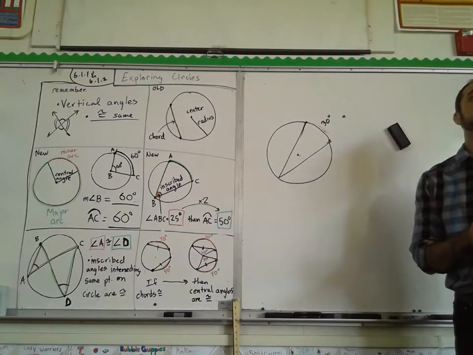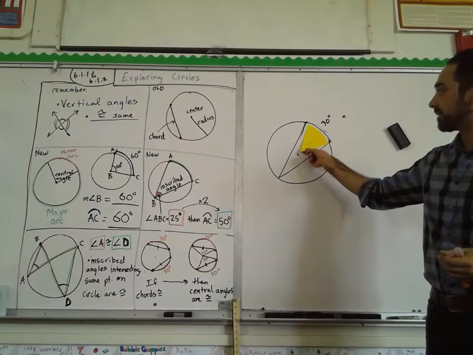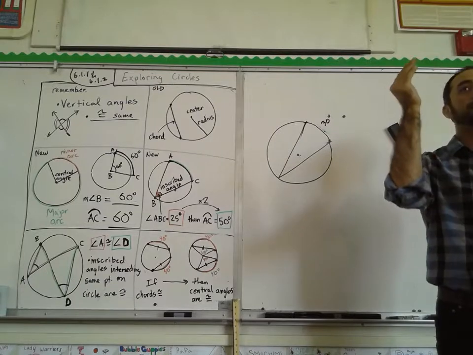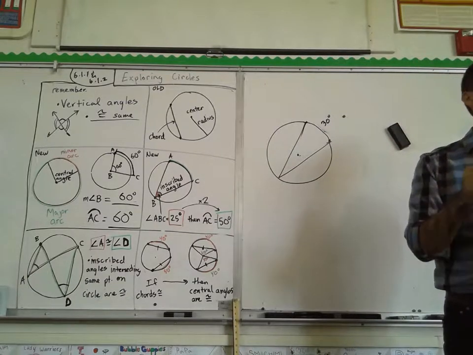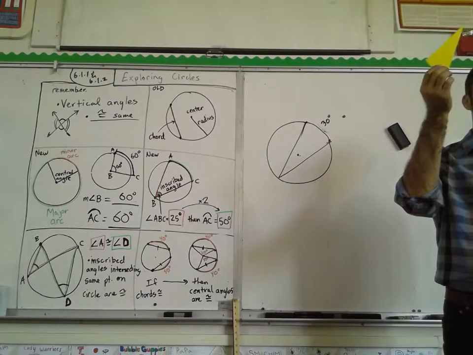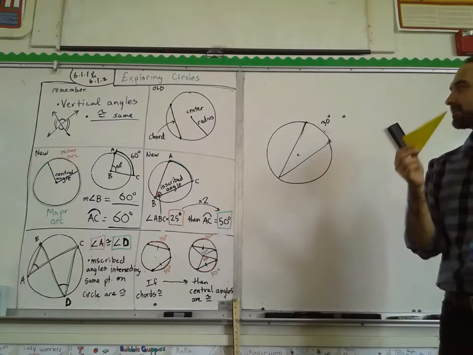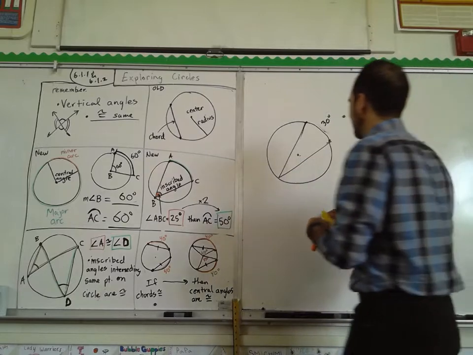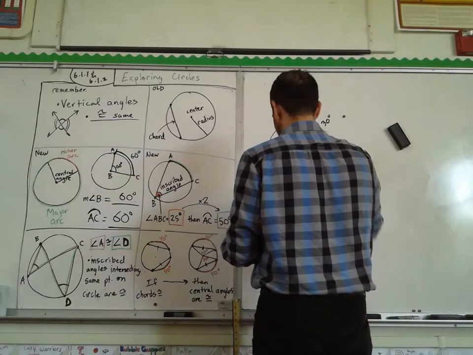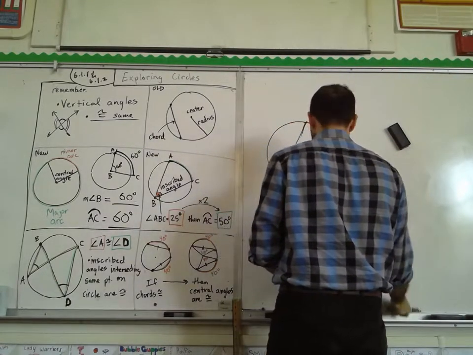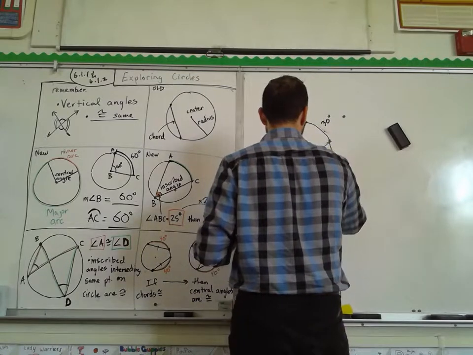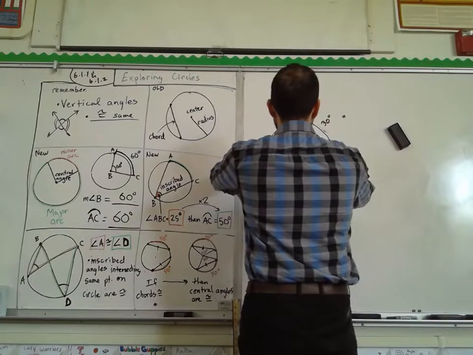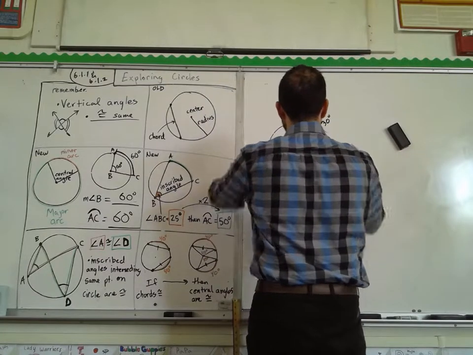Watch what's going to happen. I'm going to take this piece of the pie, which fit right here, right? Watch what I'm going to do. What am I doing? Fold it in half, right? What do you think is going to happen with this fold in half? What do you think I'm trying to teach you? The inscribed angle. Good. Angle on the outside. There it is. Watch. I fold it in half. How's that look?